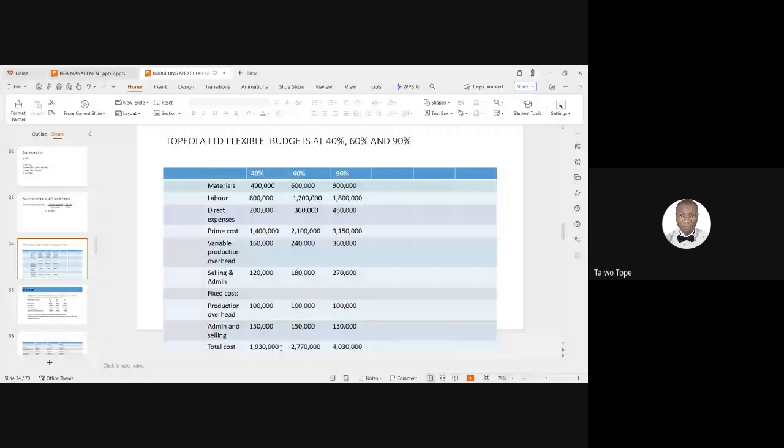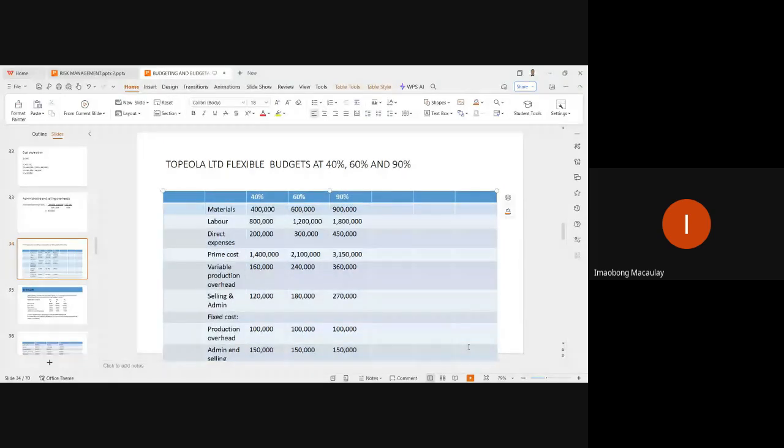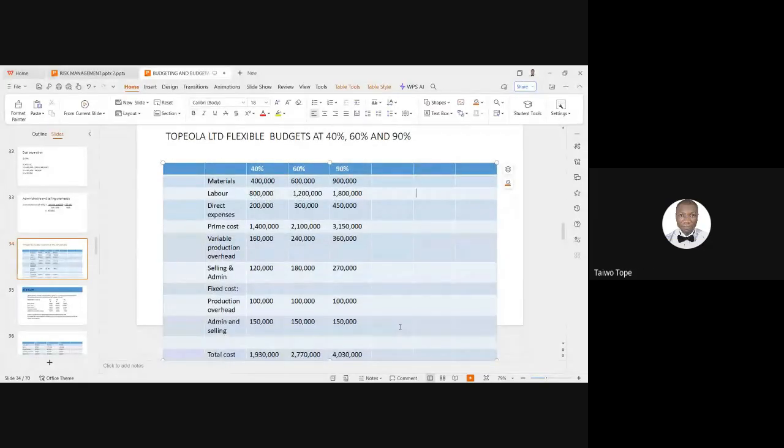So if markup will be applied on cost to determine your revenue, what will be the markup of 40% on 1,930,000? 772,000. So your markup plus your cost will give you what? Revenue, to give you your sales revenue.